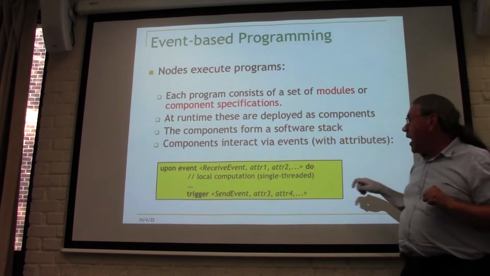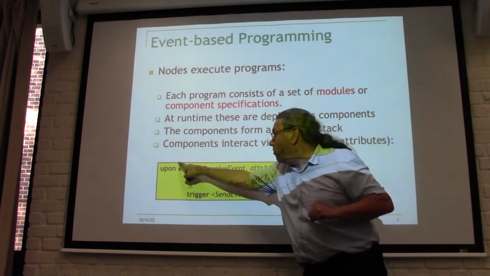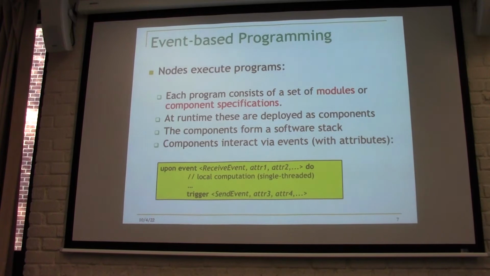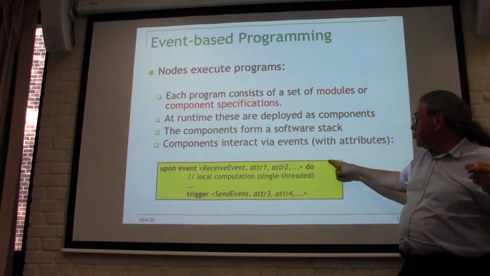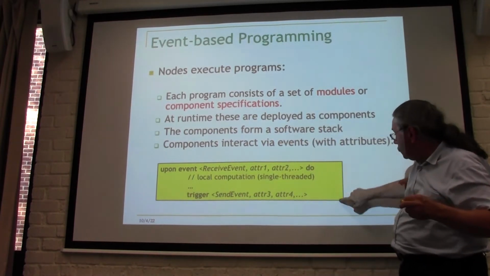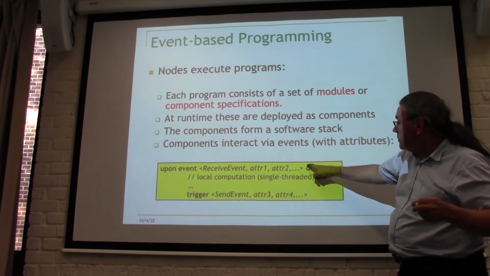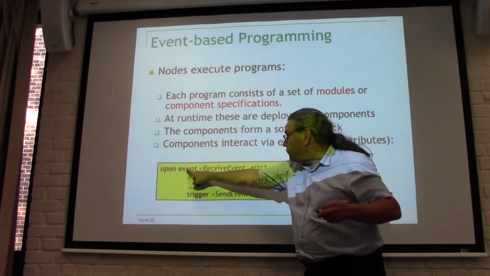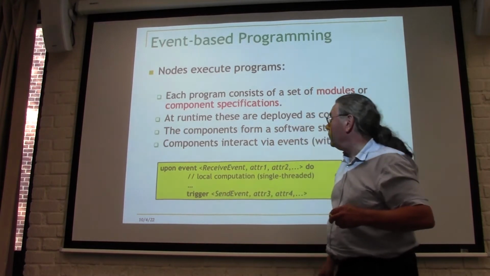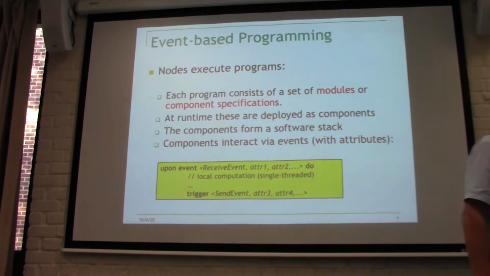I will be using these yellow boxes, and I'll explain because there's a specific concurrency model here. This is the basic piece of code I'm running. This is sequential, and you have 2 funny things, one called upon event and the other called trigger.